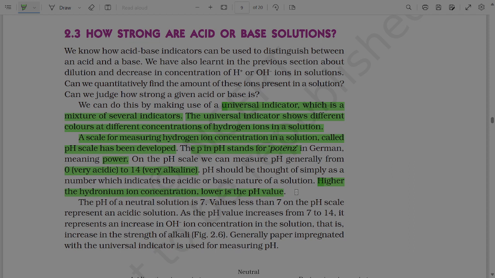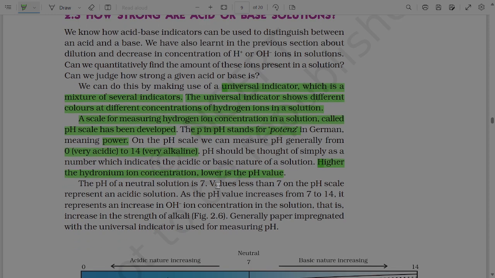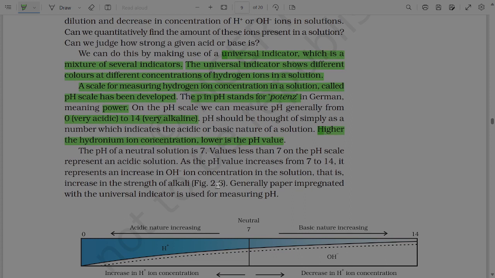On a pH scale, acids are on the left side and bases are on the right side. The pH of a neutral solution is 7, and a value less than 7 represents an acidic solution. As the pH value increases from 7 to 14, it represents an increase in OH- ion concentration in the solution, that is, an increase in the strength of alkali.